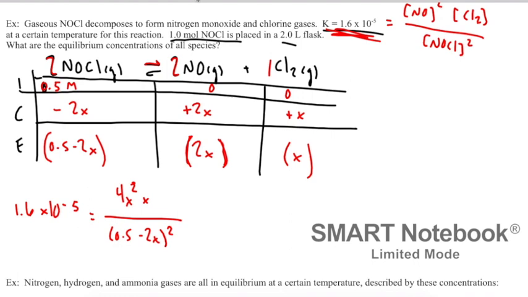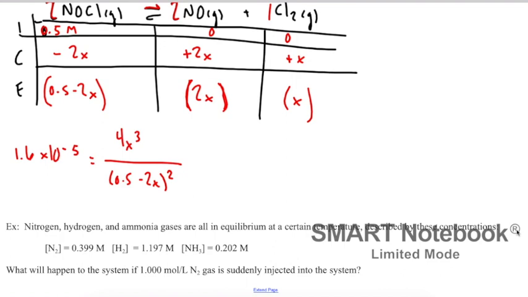Times x gets me 4x cubed. I have a cubic function. That's going to be a real pain in the butt to solve. Of course, we can solve for it. Why don't we go ahead and solve for it? I think that might be helpful. And then I'll show you an easy way, a shortcut we can take. Although you should not cheat and you should not take shortcuts in life.